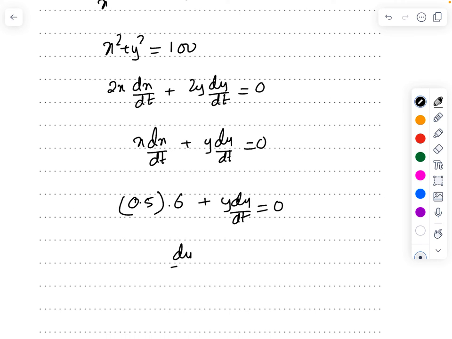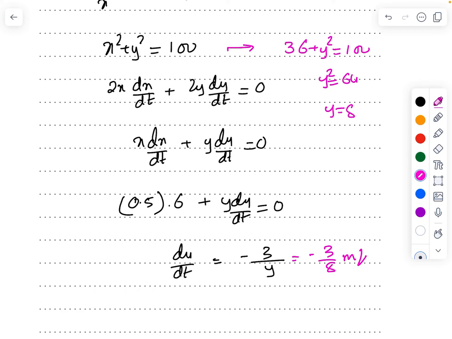So dy/dt will be -3/y. What is y? From here x was 6, so 36 + y² = 100, y² = 64, y = 8. So plug in 8: -3/8 meters per second.